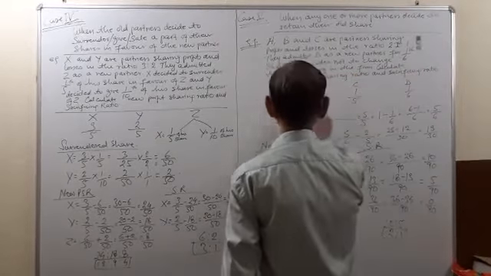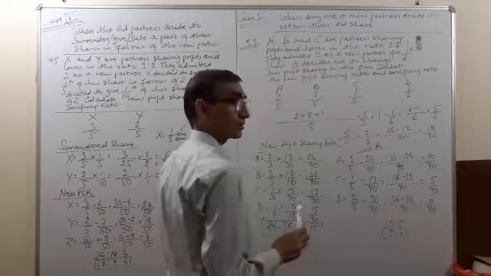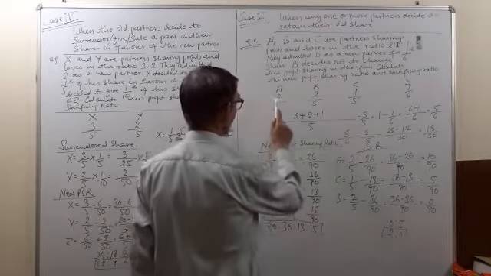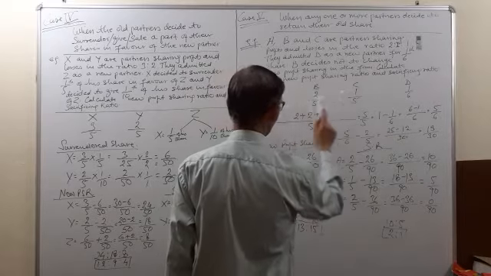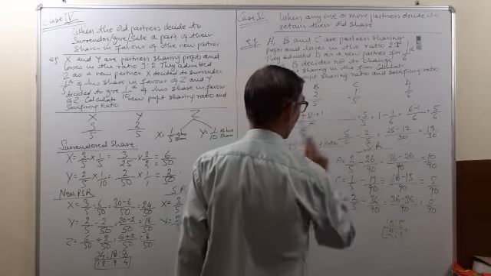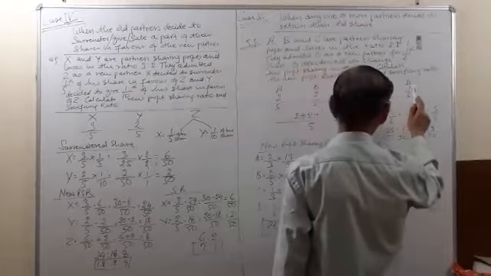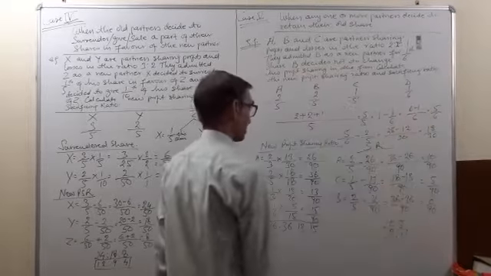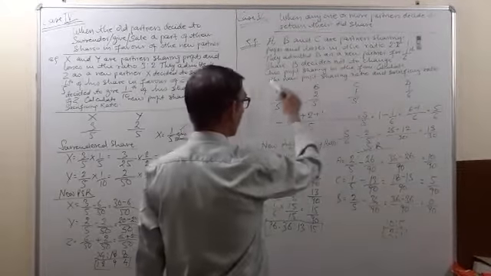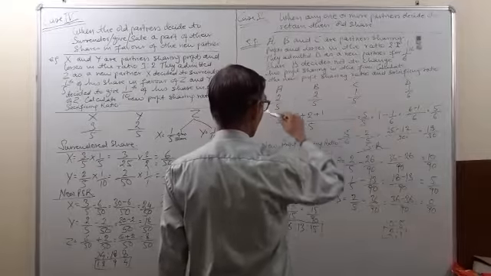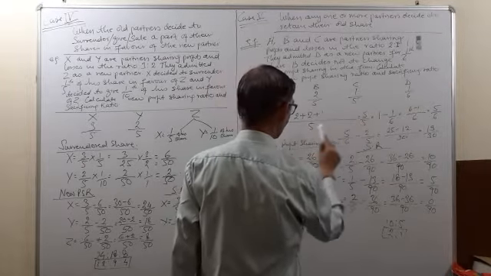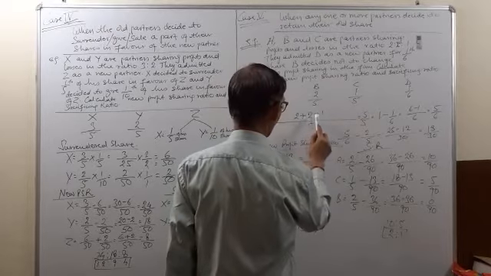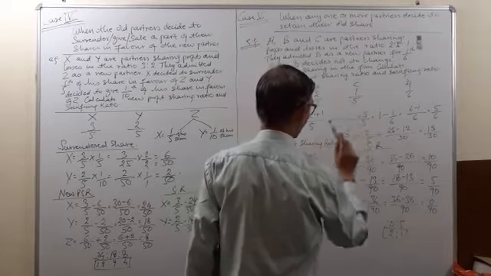So here A, B and C are the existing partners. Their profit sharing ratio was 2:2:1, that is 2 by 5, 2 by 5, 1 by 5. They admitted D for 1/6 share in future profits. We will add up the old partners' share: 2 by 5 plus 2 by 5 plus 1 by 5. 5 is the LCM, 2 plus 2 plus 1 is equal to 5 by 5.